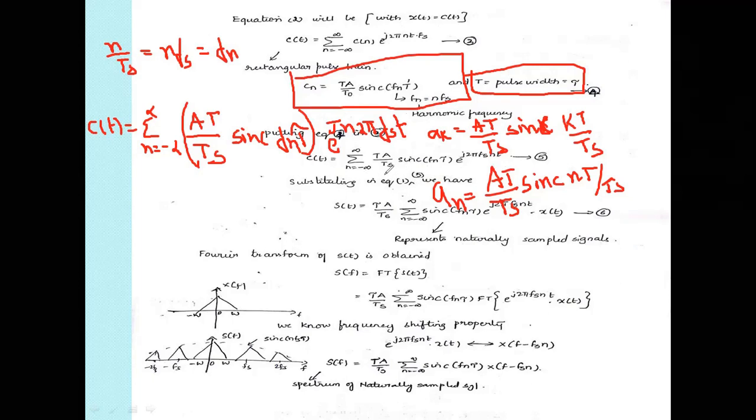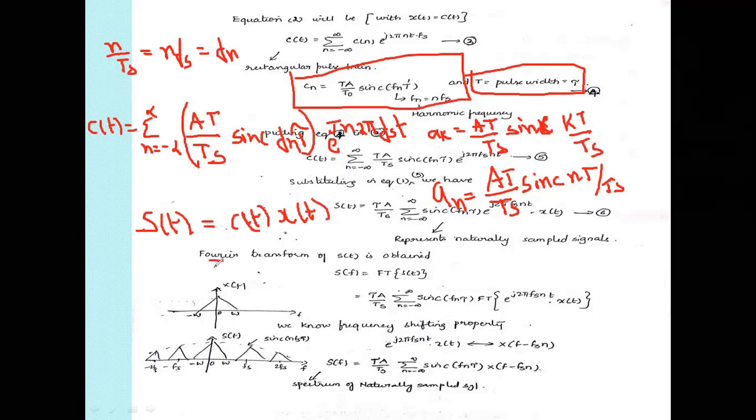What is equation 1? Replacing, s of t is equal to C of t into x of t. So what is the C of t?